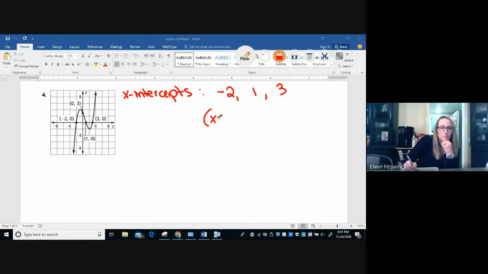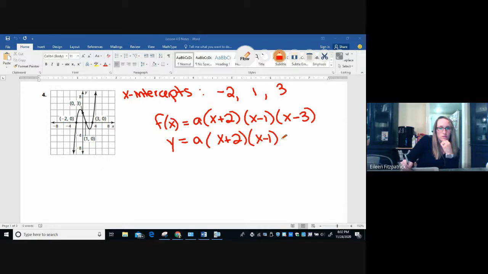In factored form, it's x plus 2, x minus 1, and x minus 3. I don't know the a value, or if there is one other than a 1. I'm going to write it as y equals a, x plus 2, x minus 1, x minus 3.